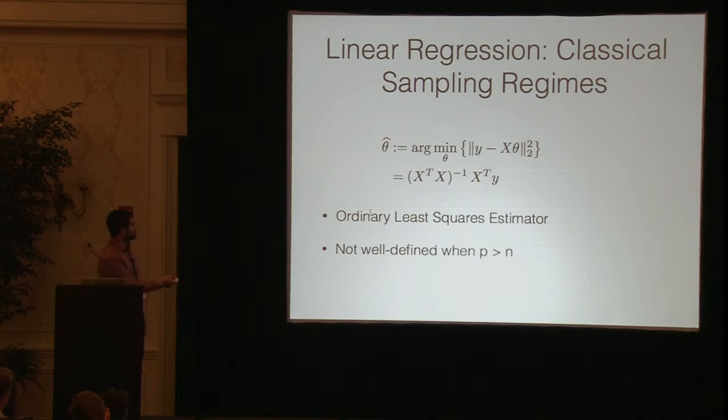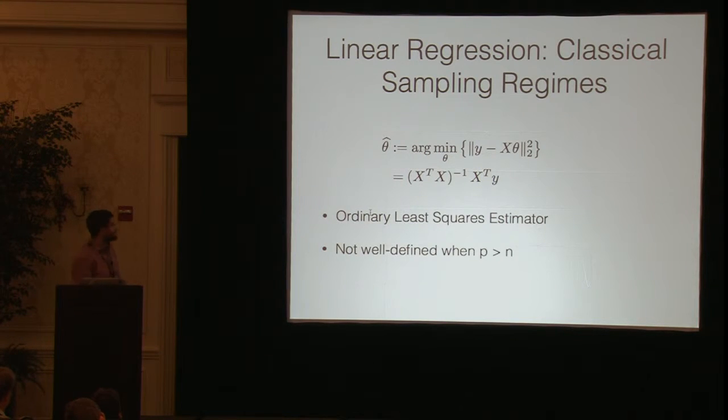It's obtained by solving x transpose x times theta equals x transpose y. You solve that linear system, and the solution is what is known as the ordinary least squares estimator. So this is available to you in closed form. But it's only a valid estimator when the number of variables, or the dimensionality of the signal theta, p, is smaller than n.